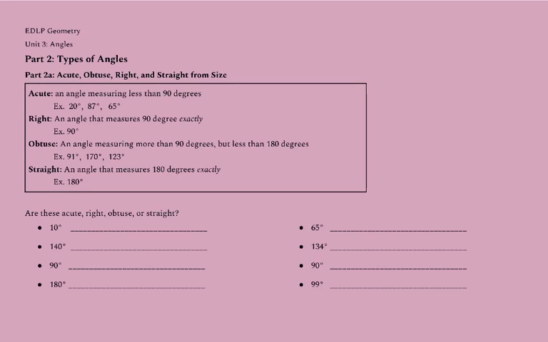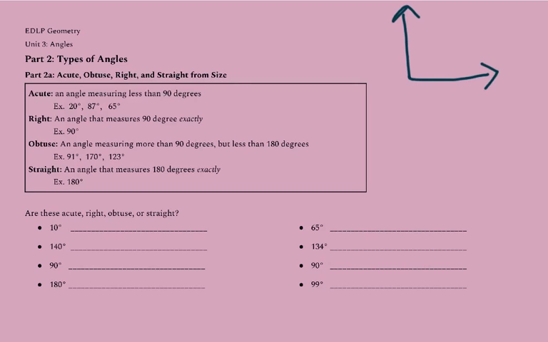There's many different types of angles. We call them certain things based on their size, how big they are. Starting with something that's the smallest would be acute. An acute angle is an angle that measures less than 90 degrees. So one of our references is 90 degrees, which is called our right angle.